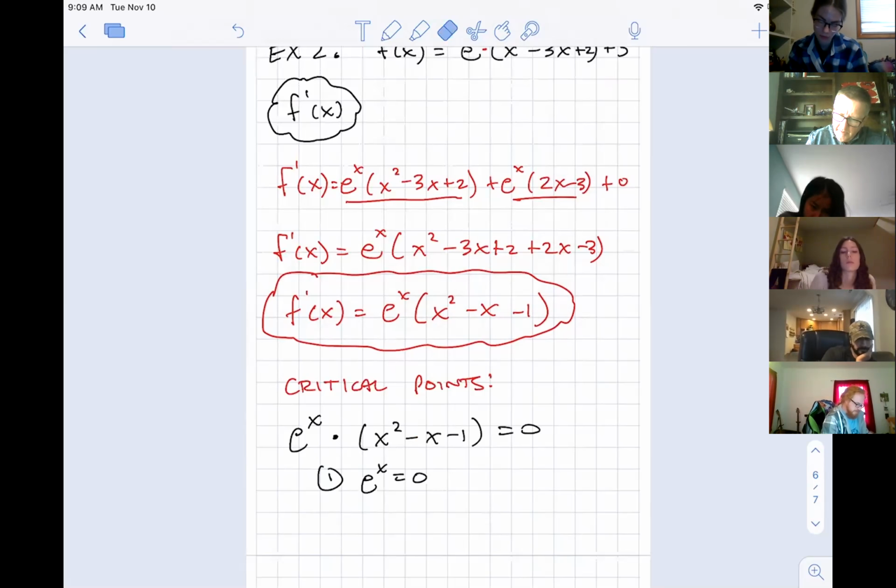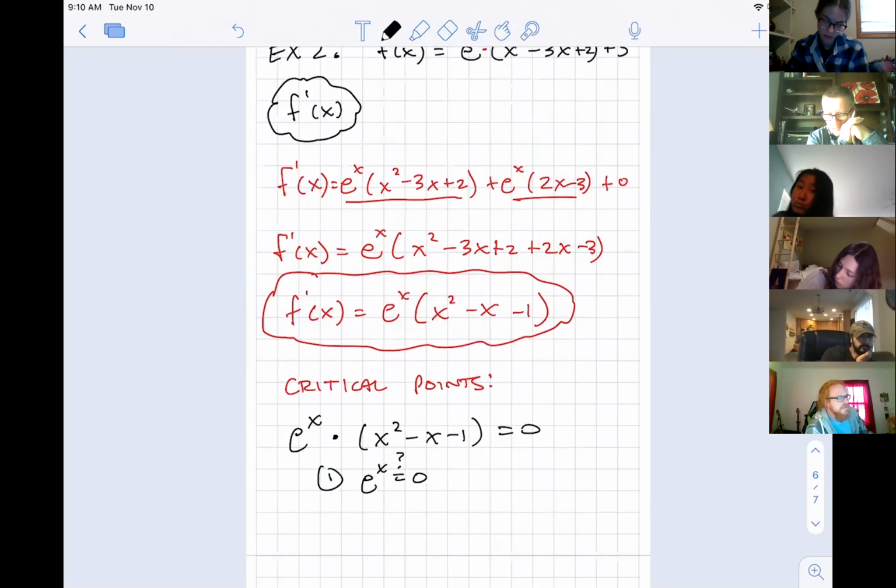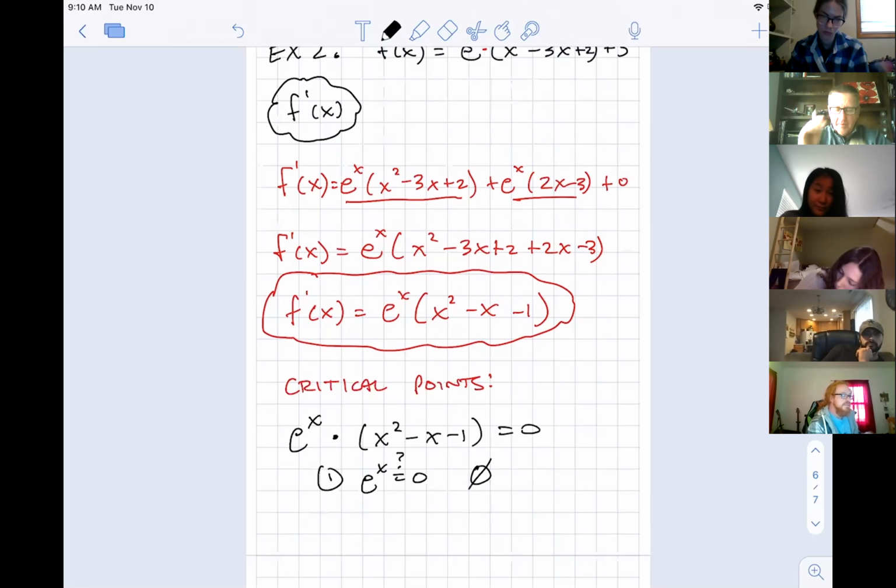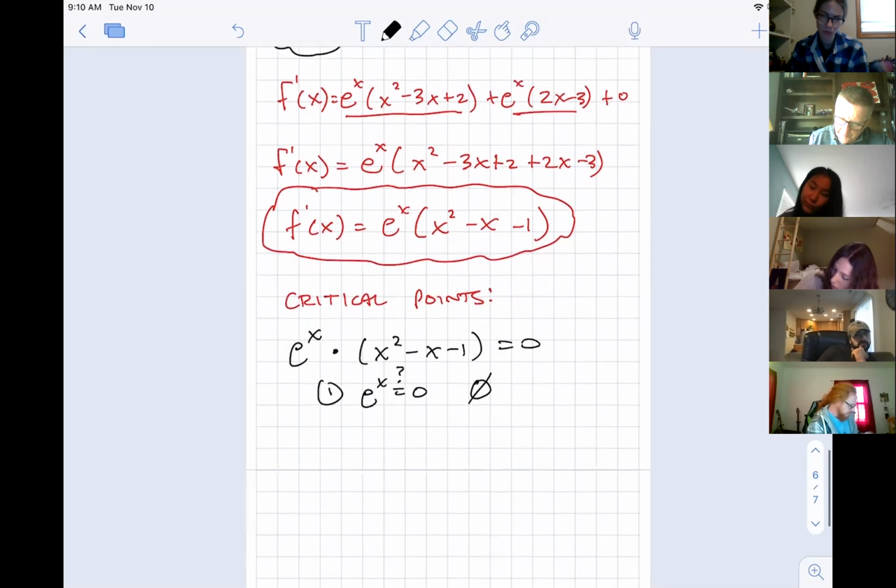Notice that's weird. When is e to the x equal to 0? The answer is never. Doesn't matter what value you pick for x, you're not going to get that to be equal to 0. So that part of this equation produced none. Play around with that, see that I'm right.